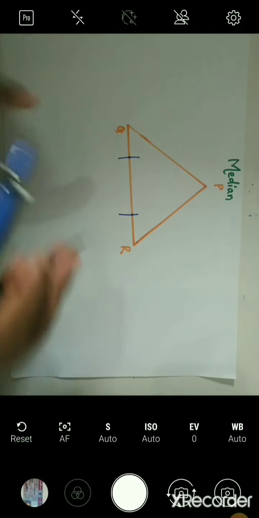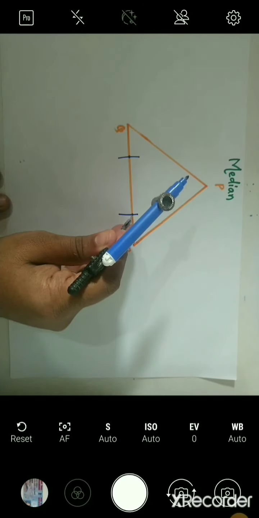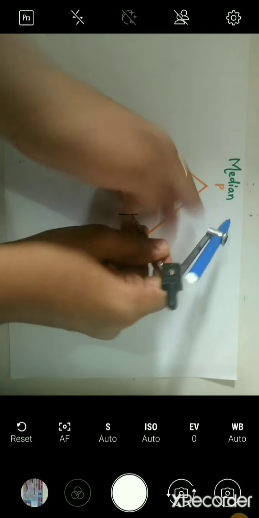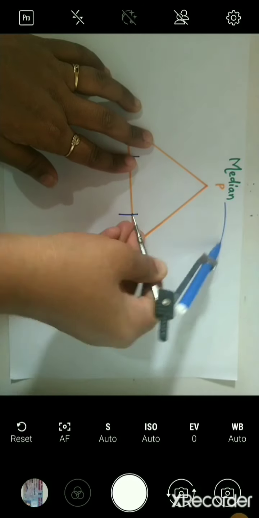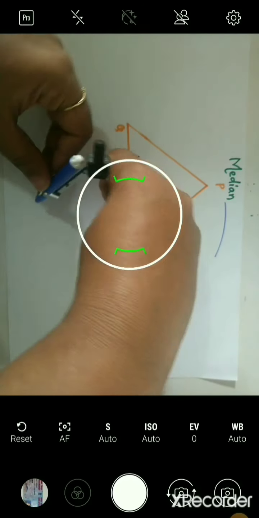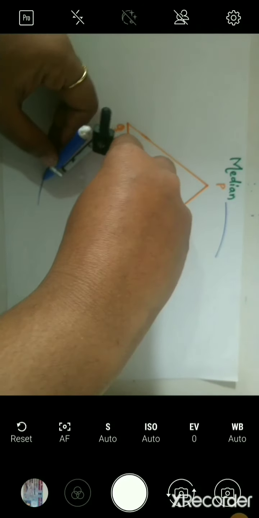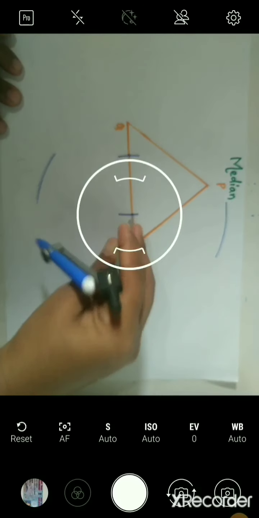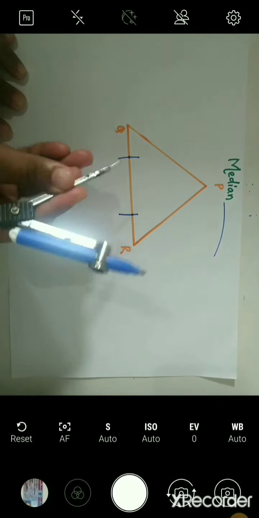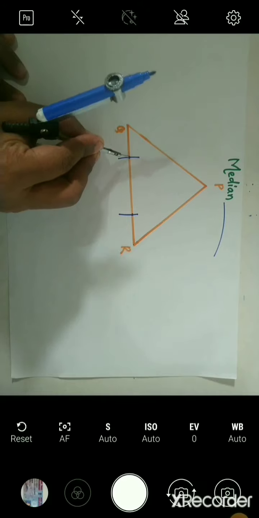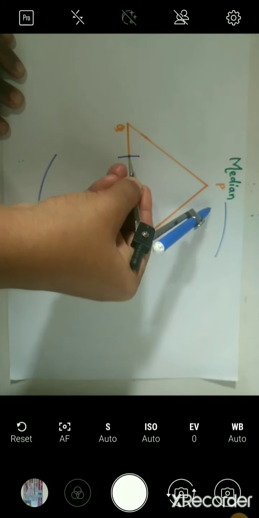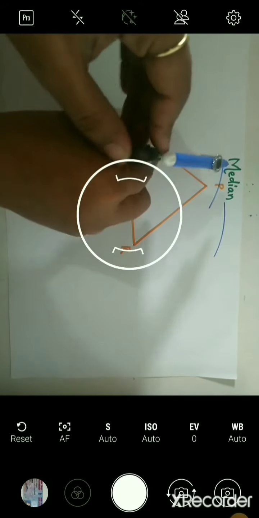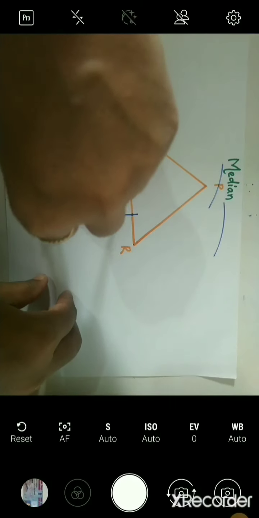Now after drawing the arcs, we have got 2 points here. This is the first point, this is the second point. Now I will keep the pointer here, take a particular distance and draw an arc up and down. And without changing this distance, keep the pointer at the other point and draw an arc up and down.